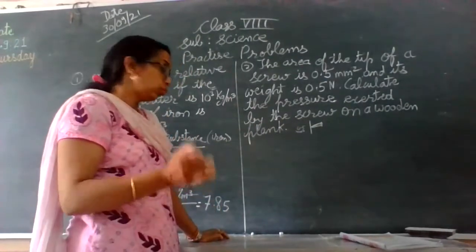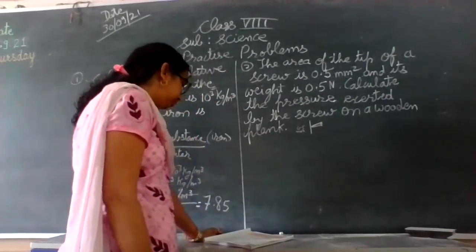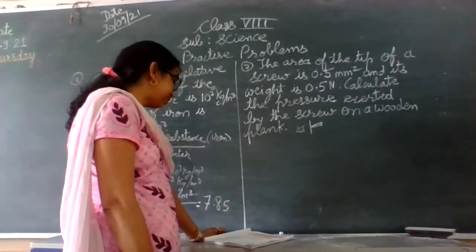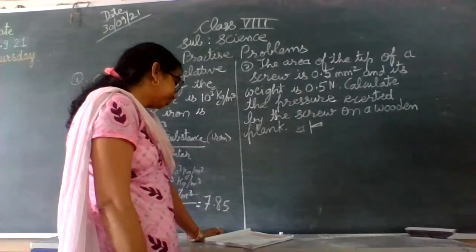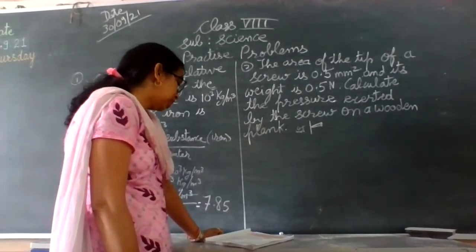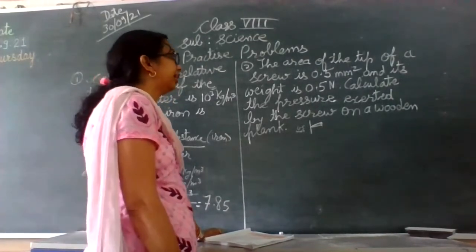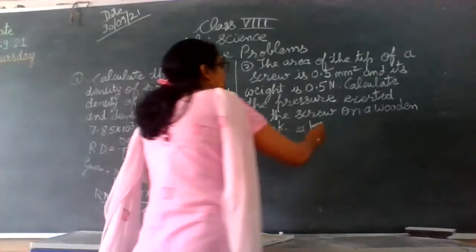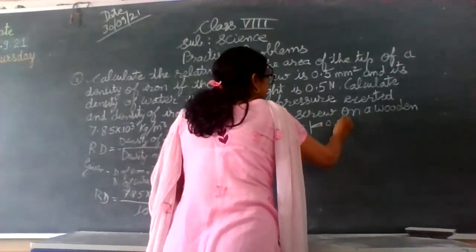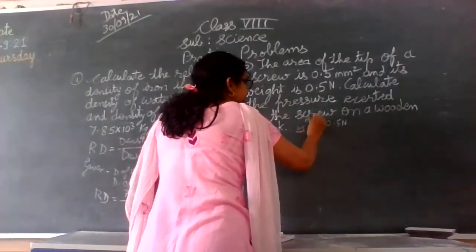And what is next given is the weight. Weight of the screw is 0.5 Newton. And then we have to find out how much pressure is exerted by this screw on the wooden plank.